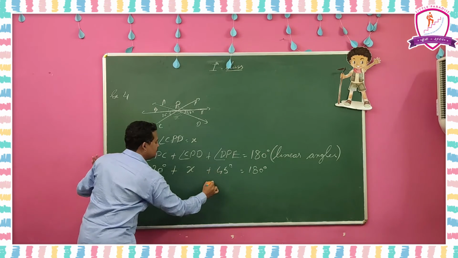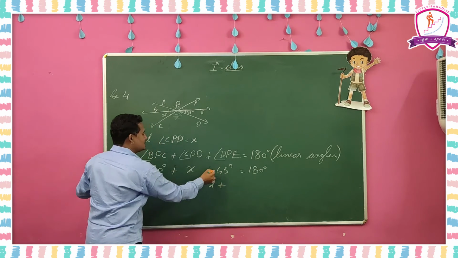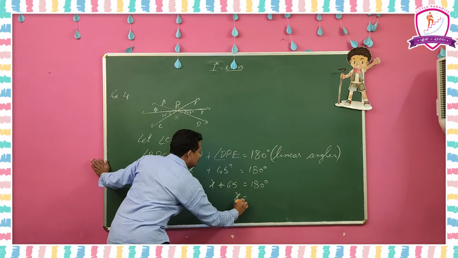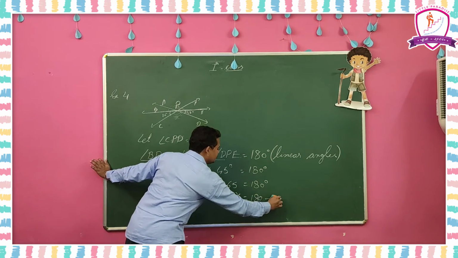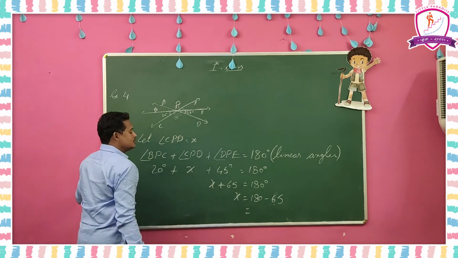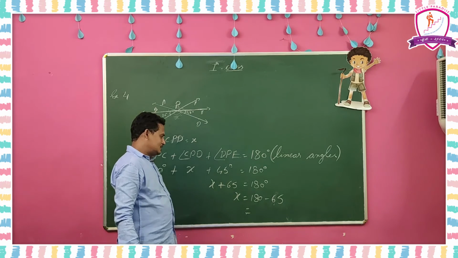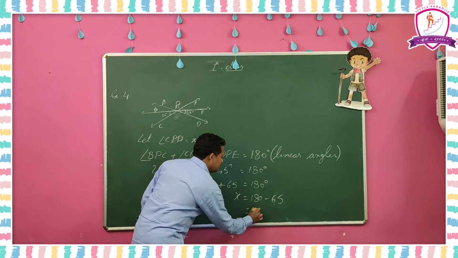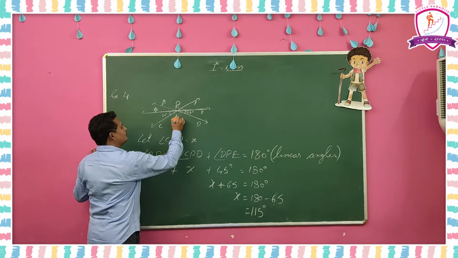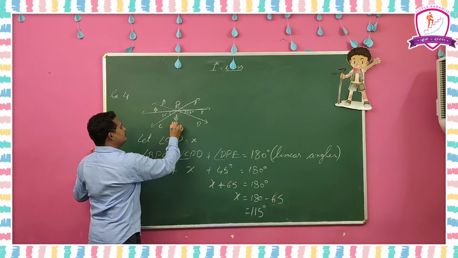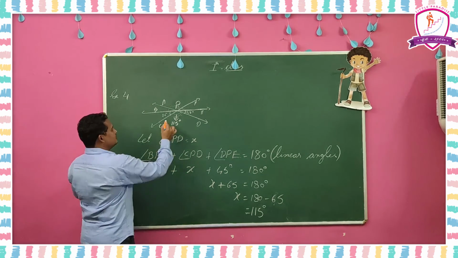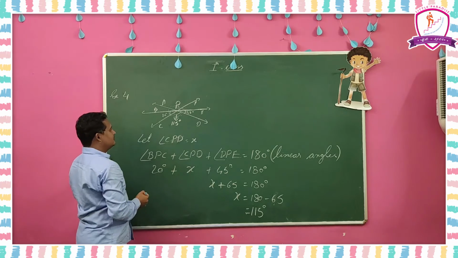So 20 plus 45, X plus 65 is equal to 180 degrees, and X is equal to 180 degrees minus 65, that is 115 degrees. So here we got 115 degrees. This angle we found.